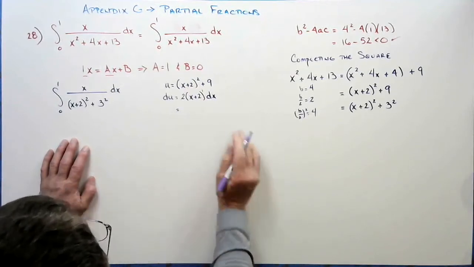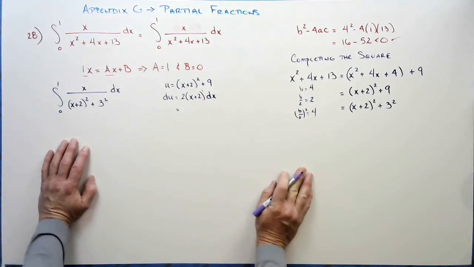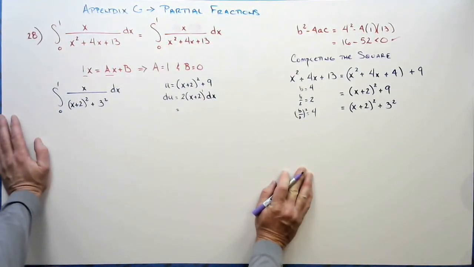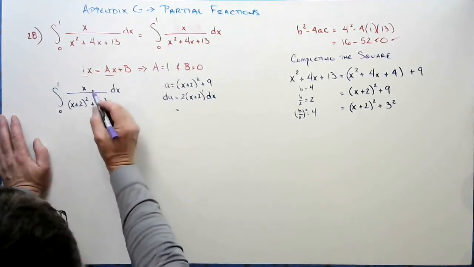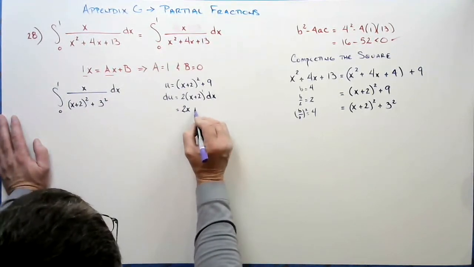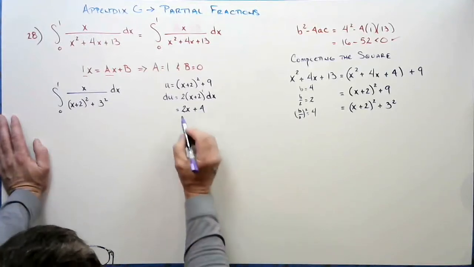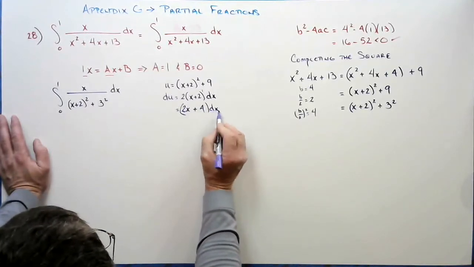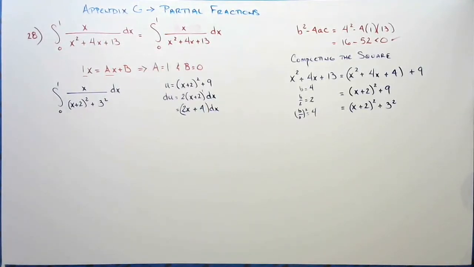If we were going to make this work as a u sub, we would need on the top a 2x plus 4 dx. We don't have that, but we can make that show up.